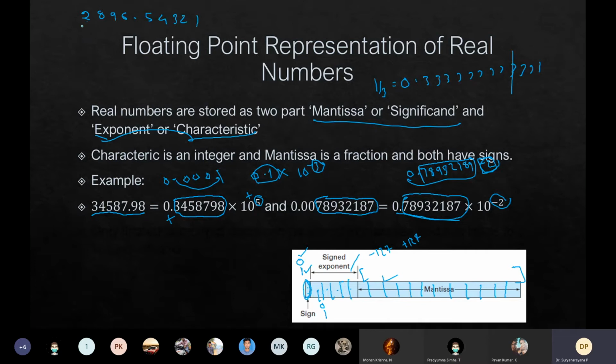The place values here are: this is thousands, this is hundreds, this is tens, and this is ones. To the right, this is 1/10, this is 1/100, this is 1/1000, this is 1/10,000, and the last one is 1/100,000.